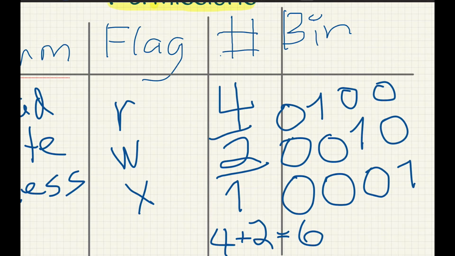And if you use the ls command to check the permissions, then it only needs this 6, because if you look at these three numbers, 1, 2, and 4, the only way to produce a 6 is by using the 4 and the 2. And that is true for all possible combinations of these values.